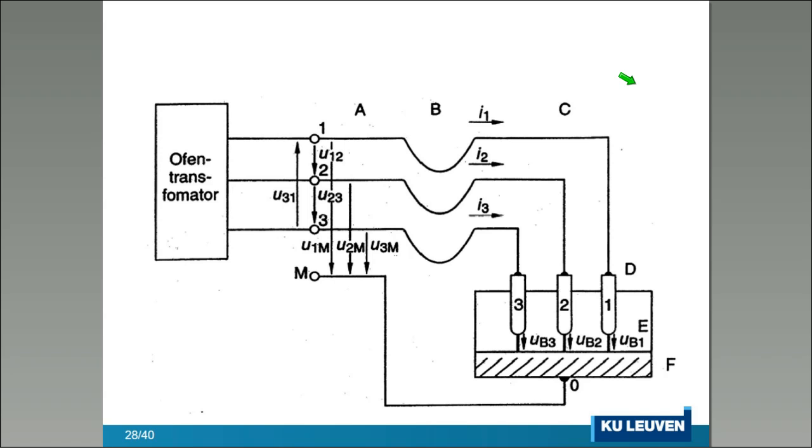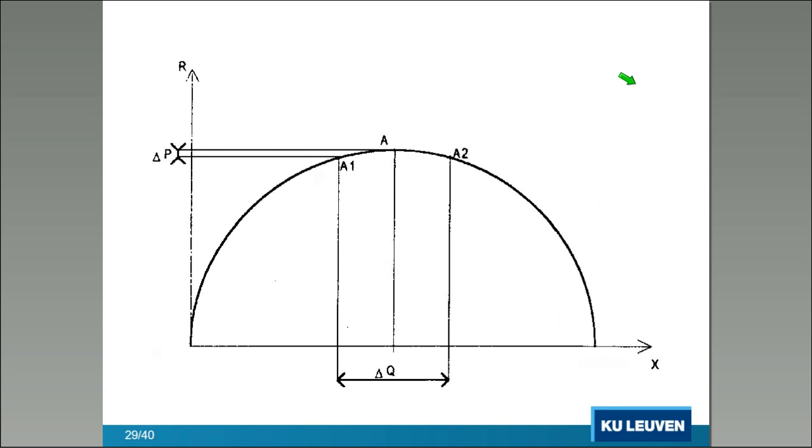Well, here again, because I want to explain in two words why you have this problem, especially with the alternating current arc furnace and less with the direct current furnace. So here again, the picture that we already showed for the alternating current arc furnace. And here is what is called the circular diagram.